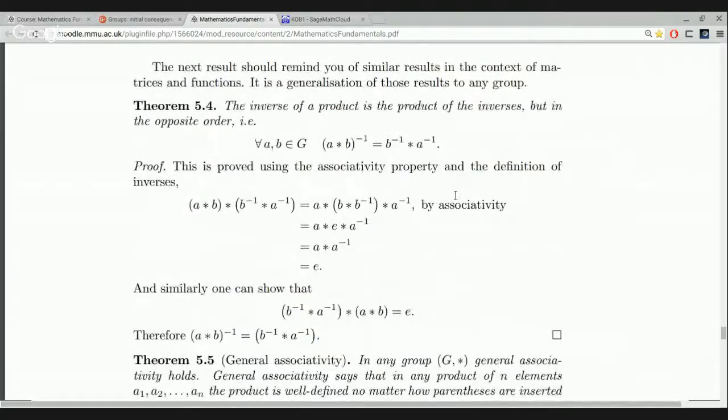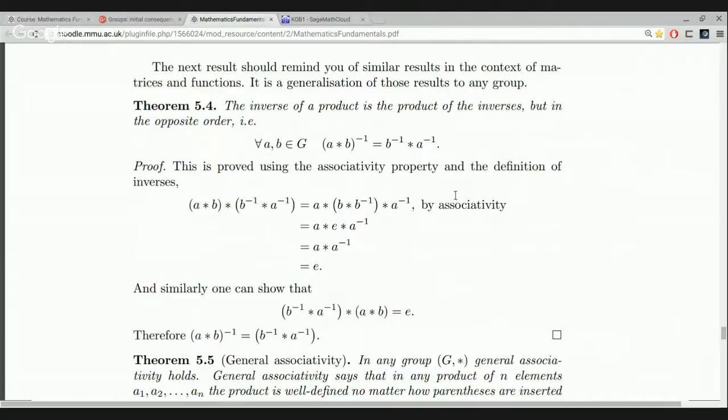And Theorem 5.4, now you've already met an instance of Theorem 5.4 when you looked at multiplication of matrices. Stephen taught you about inverse matrices, and there you learned that the inverse of a product of matrices is the product of the inverse matrices, but in the opposite order.